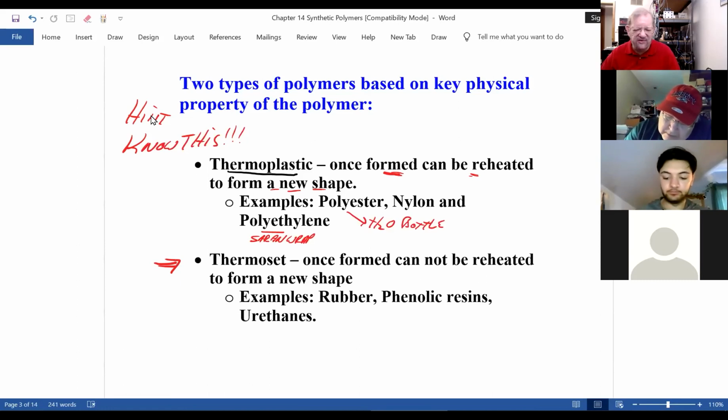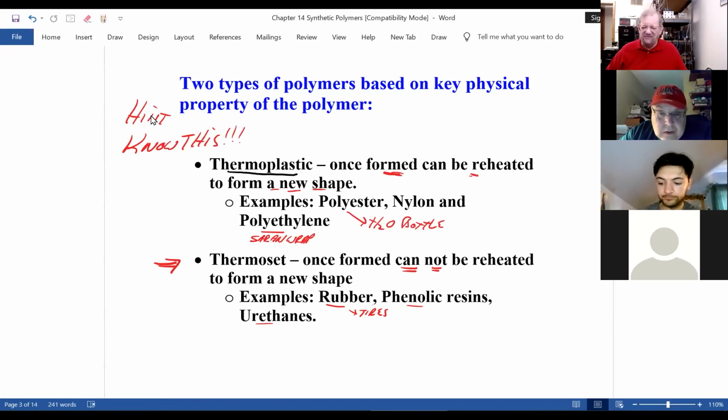Once it's formed into the shape it's going to be, you cannot reheat it to form a new shape. An example of that is rubber, like in rubber car tires, phenolic resins, which I'll talk about, and urethanes. You can't reheat it and reshape it. Once you've made it, you're stuck with it.